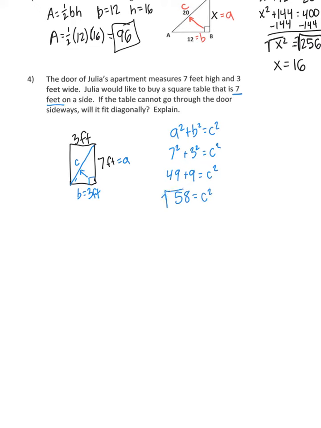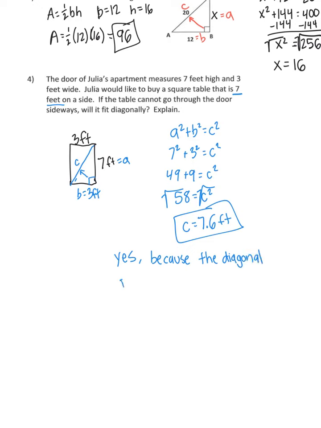And in order to get C by itself, I need to take the square root of both sides. When I plug in the square root of 58 into my calculator, I get C is equal to 7.6. And this is greater than 7 feet. So yes, our door will fit because the diagonal is greater than 7 feet.